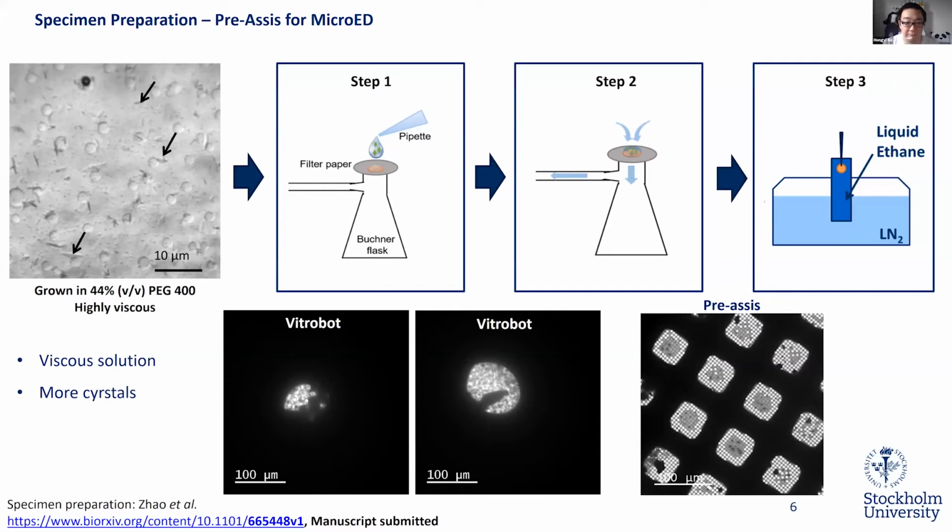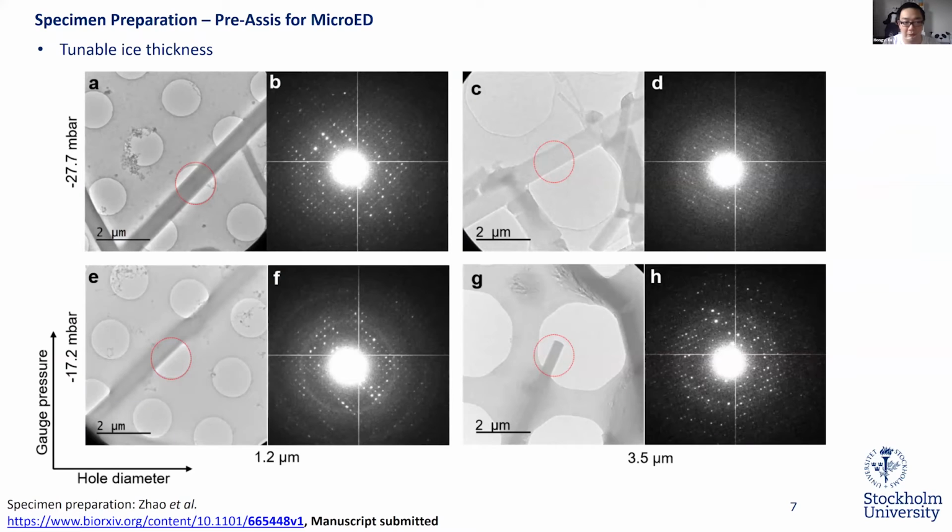We can also tune the ice thickness with this method, and there are 2 major parameters. One is the pressure we apply underneath the filter paper, and the second is the hole size of our Quantifoil grid. It's very logical, right?